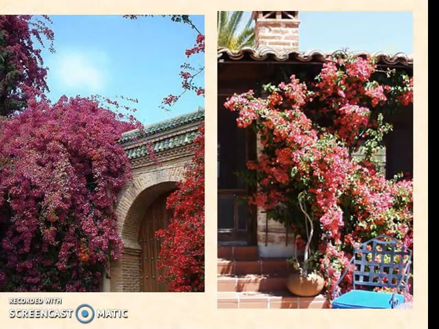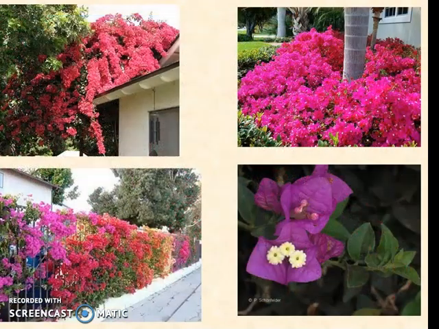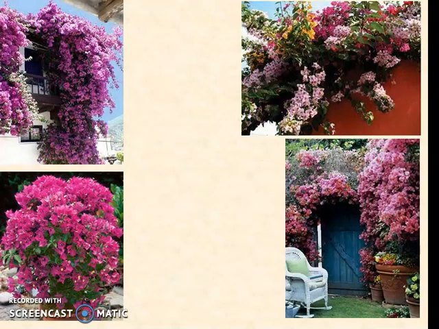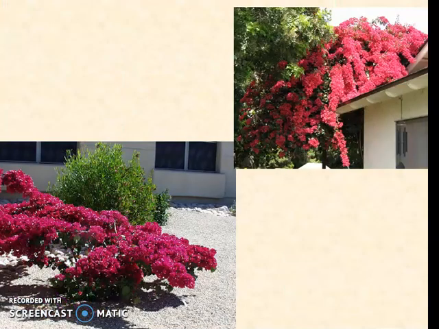Next is Bougainvillea. You can use that even as a hedge plant. It forms very good coverage of your arches as well as pergolas, and it comes in so many different colors.